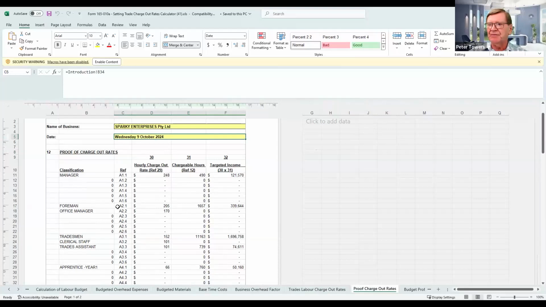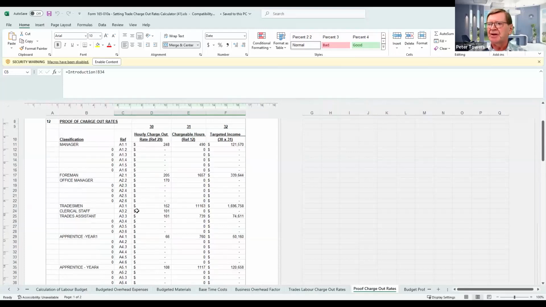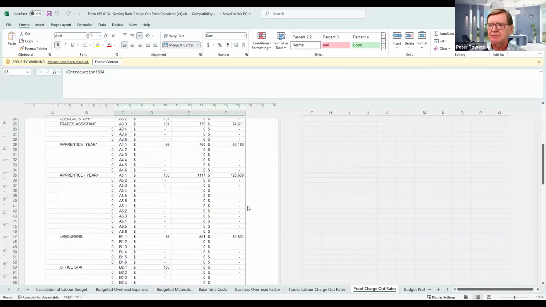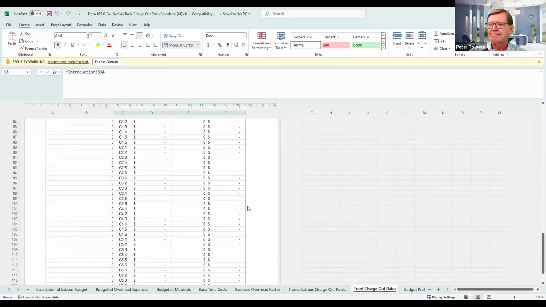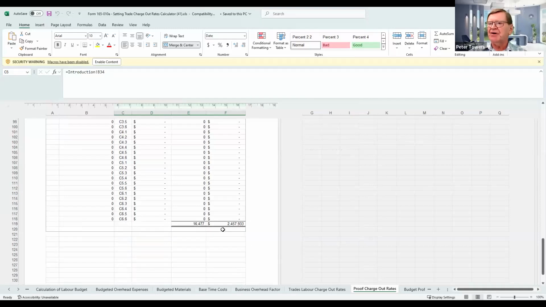The foreman, there's two of them, will generate 339,000. The big income earner, of course, is the tradesman, 1.6 million, and so on. But the system has told us we will generate 2.57 million from the charge out.